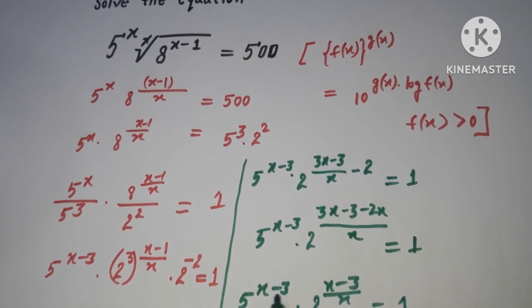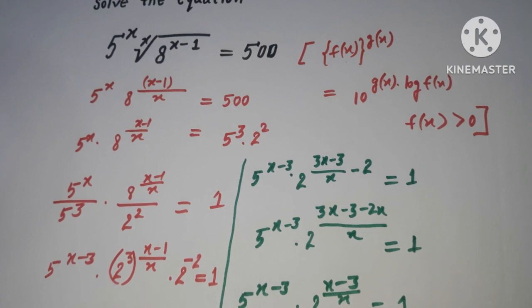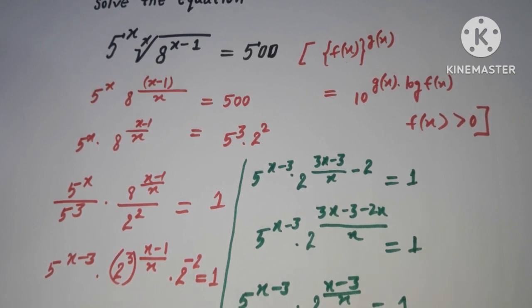Now you can see here x minus 3 is common to both. Then we can write this as (5 times 2 to the power 1 upon x) raised to the power x minus 3, that is equal to 1.